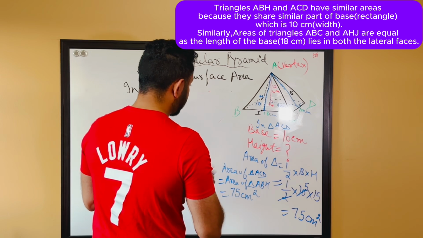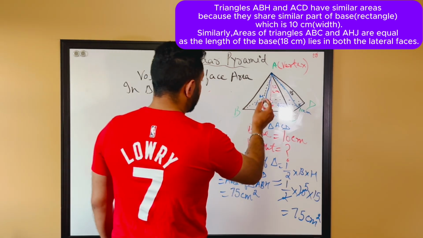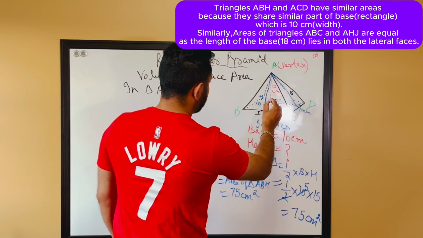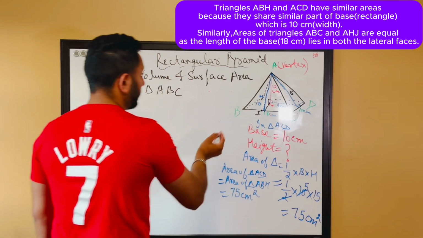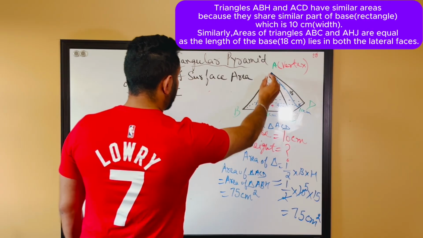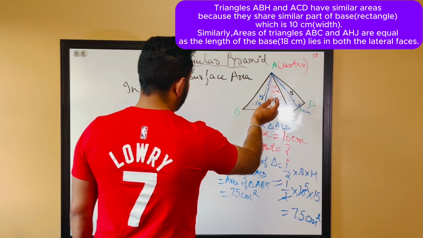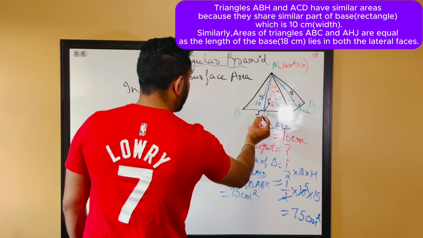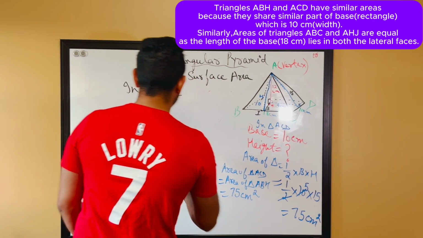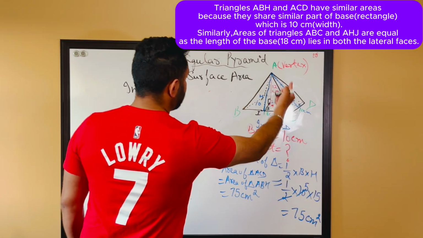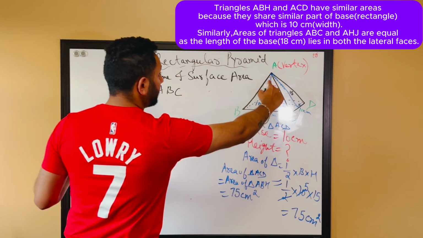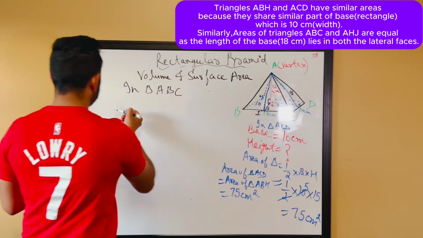For that, we're gonna draw a line parallel to this, and this is 90 degrees. In order to find out this AI, which is our slant height, we can apply Pythagoras theorem. If this is 10 and this is 5, the half of 10 is 5, so in triangle AIG we can apply Pythagoras theorem here.